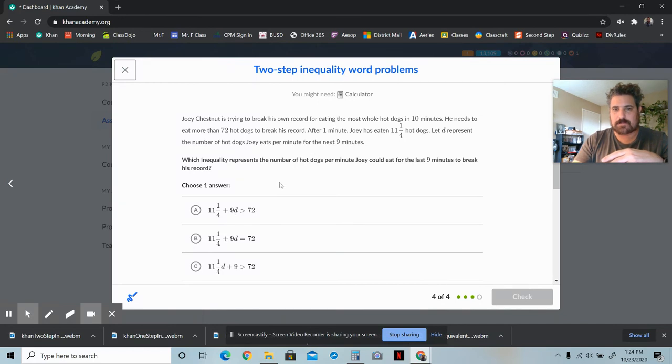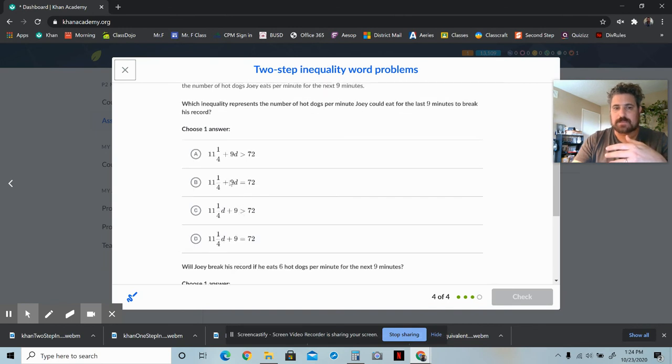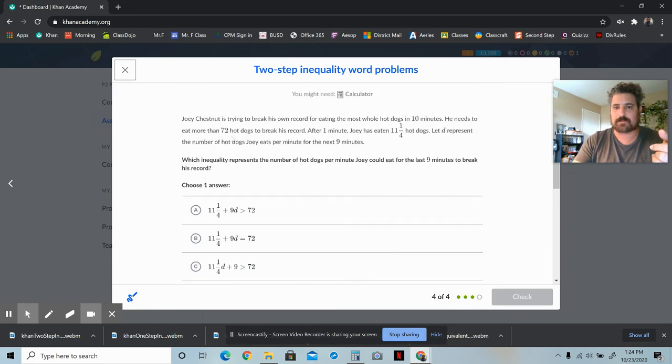And D is the number of hot dogs he's eating per minute, so for each of those 9 minutes. When we look at the expressions here, we've got 11 1/4, that's a constant. You've got 9 times D, that's the amount of hot dogs he's going to eat in the remaining 9 minutes. And we want this value to be greater than 72, right? We want him to eat more than the 72.